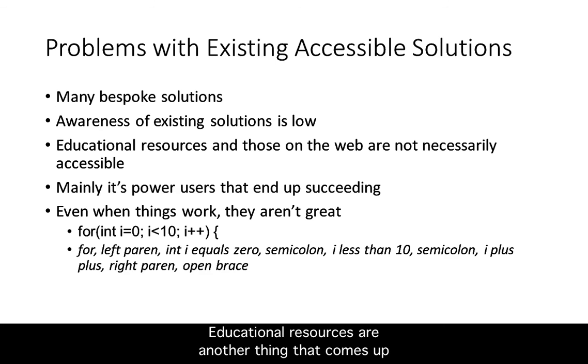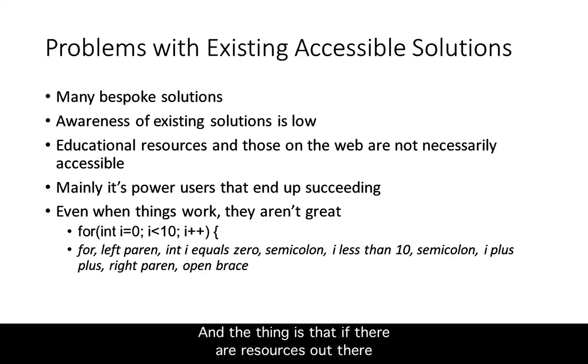Educational resources are another thing that comes up all the time, right? So it's not only educational resources such as a textbook, which matters. Shout out to Benetech here, right? It's the largest accessible library in the world, and even Benetech doesn't have all of the programming books out there, right? Not for lack of trying.